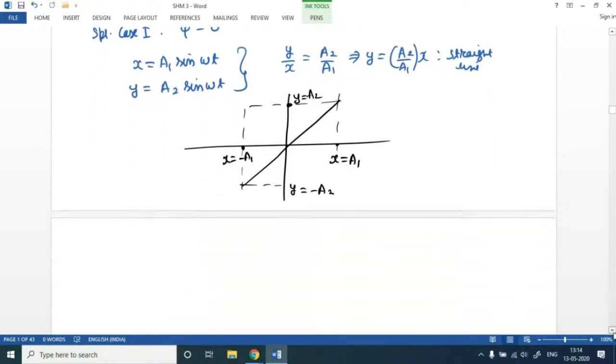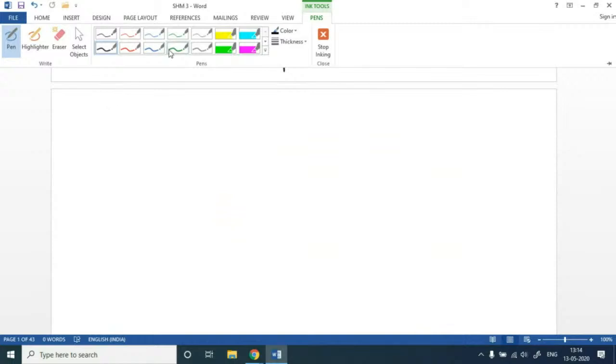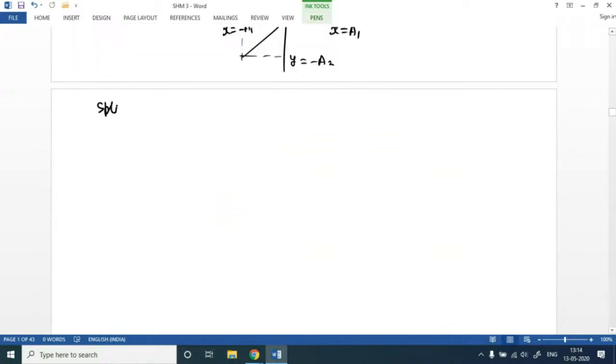Similarly, another special case you can look into is special case 2, when phi is equal to, let's say, pi.